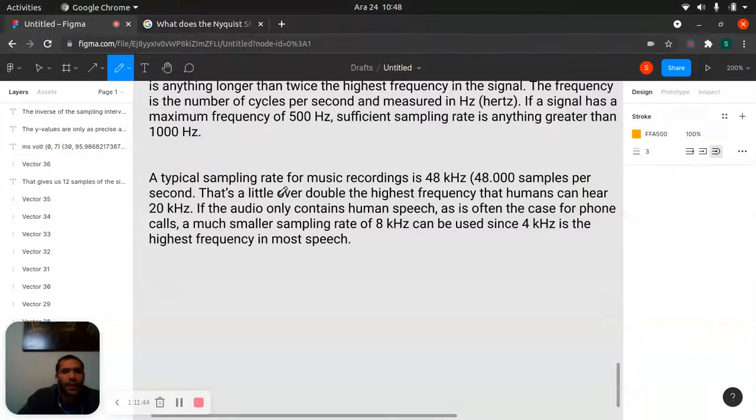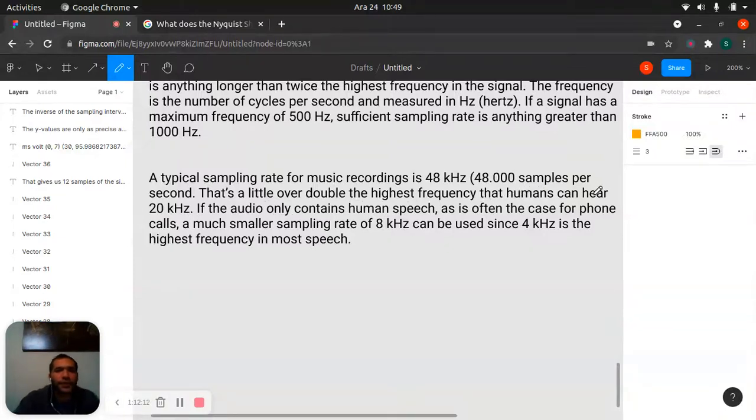It's just kilohertz and samples working together. That's a little over double the highest frequency that humans can hear. I mean, this is frequency, this kilohertz. We have samples inside it. Now I will show you what I'm saying.